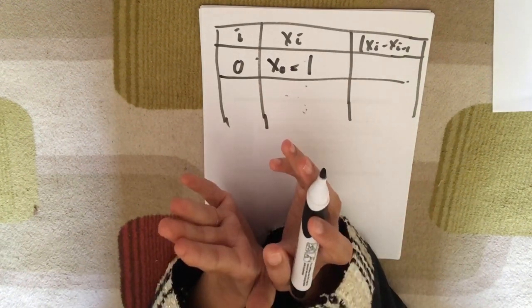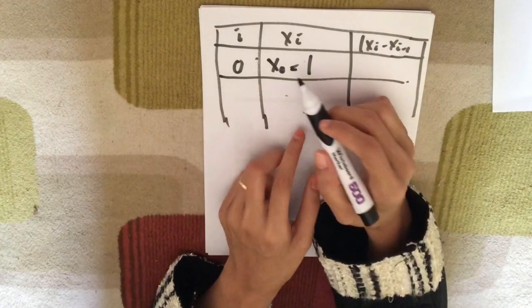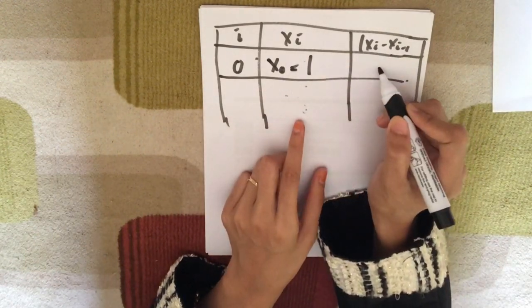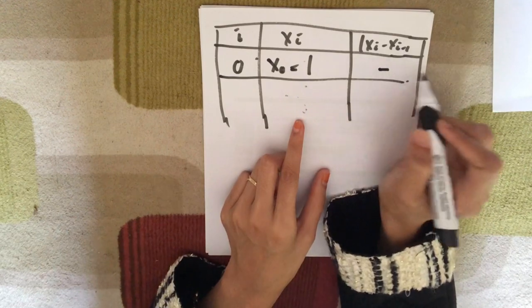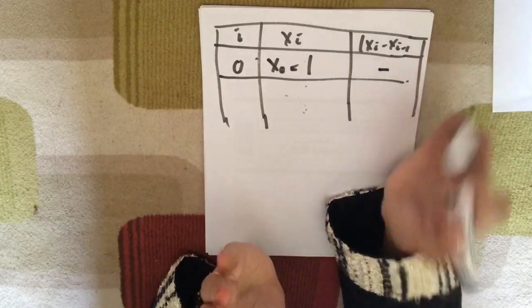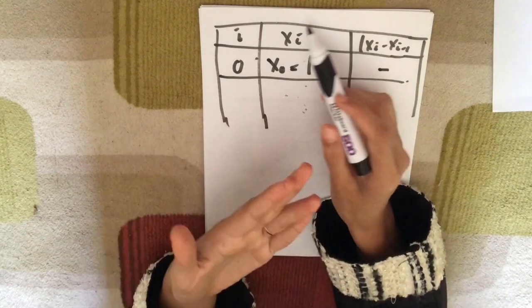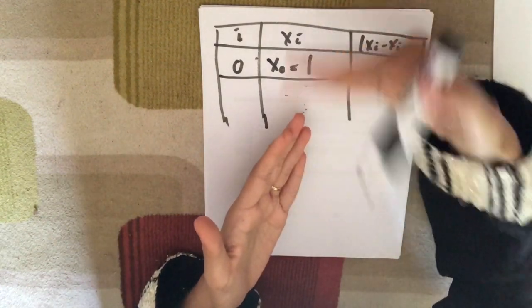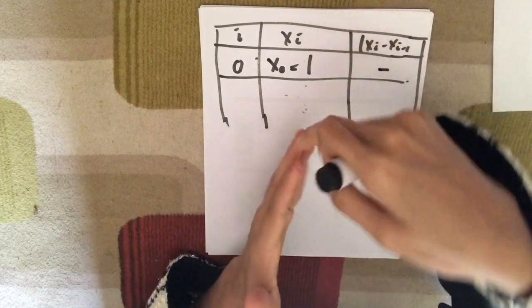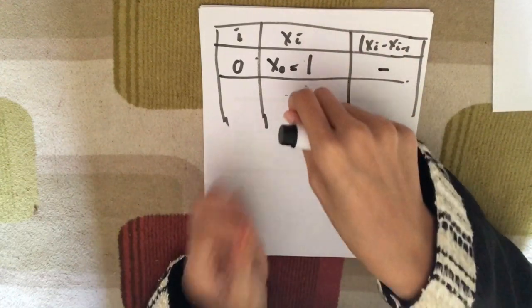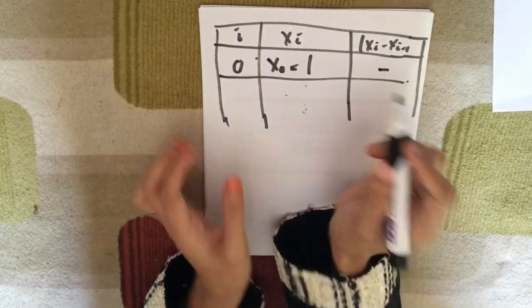Then for the first one there is no error yet, because the current value here is 1, right? Is there a previous value, meaning the one before this? No, because we start with x naught. So there is no error yet.